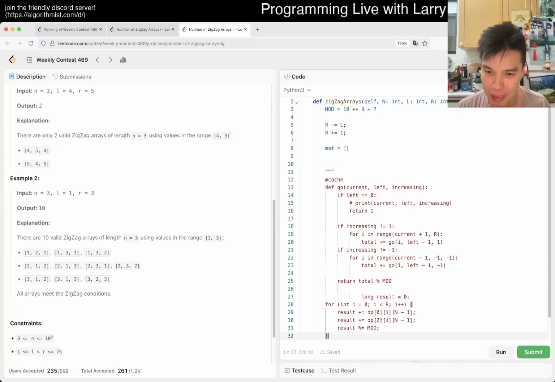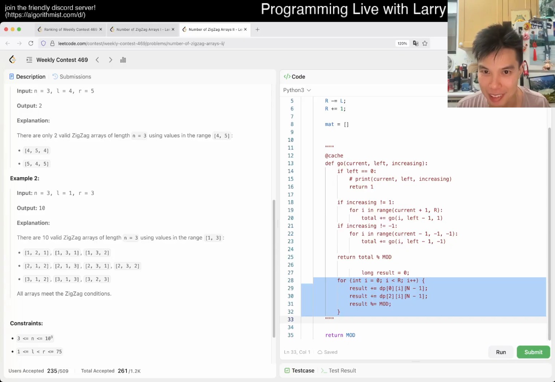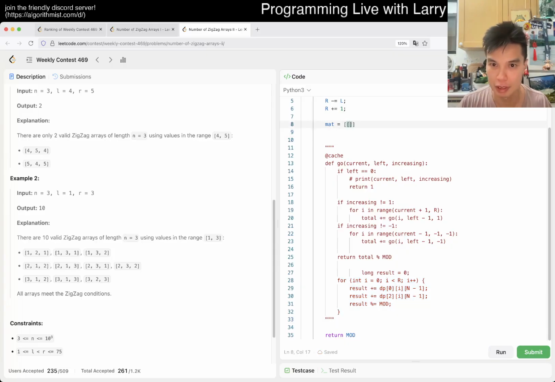Maybe I should have known this, but I can't think anymore, so I'm just trying. Let's just say 0 for left minus 1. So you have 75 plus 75, or R times R, right?